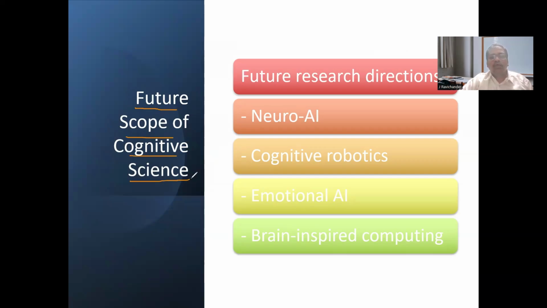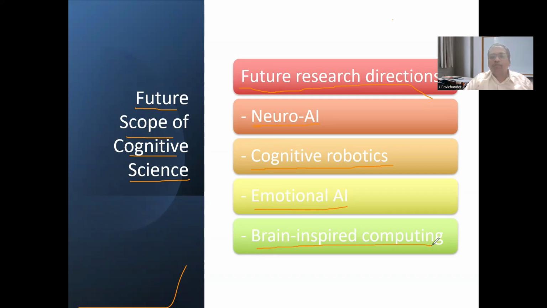The future research directions will be neuro AI, cognitive robotics, emotional AI, and brain-inspired computing.